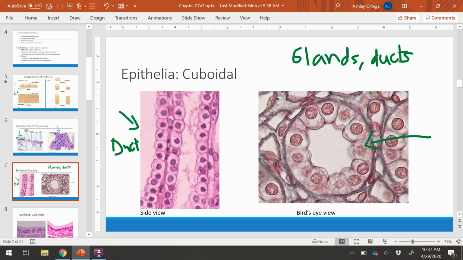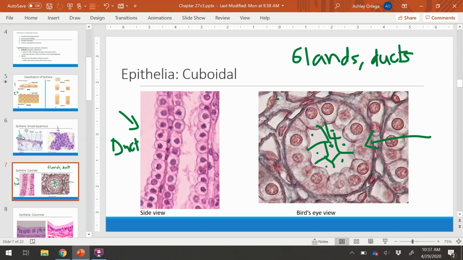It's a nice circular shape, so we can classify this one as a gland. If you can imagine cells being on the end of this right here, then it's producing a fluid, and that fluid will be leaving through a duct.